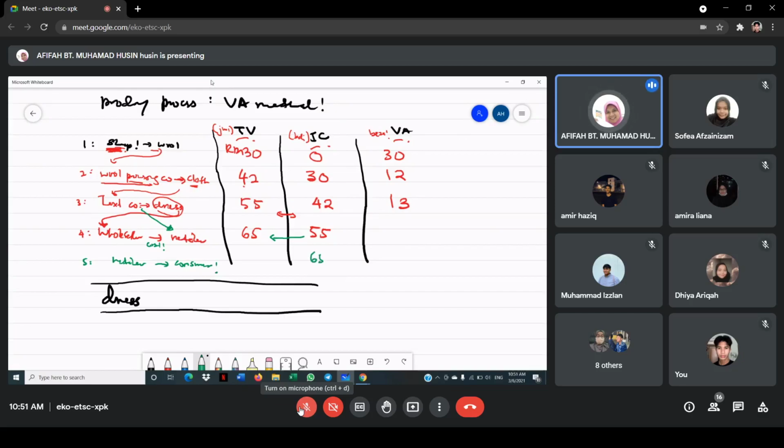Retailer bought at 65, sell to consumer for 89. So beza dua orang ni is 24. So when you add up the value added here, the total will give you the 89. 89 is the same as the last price when the seller sells it to consumer.